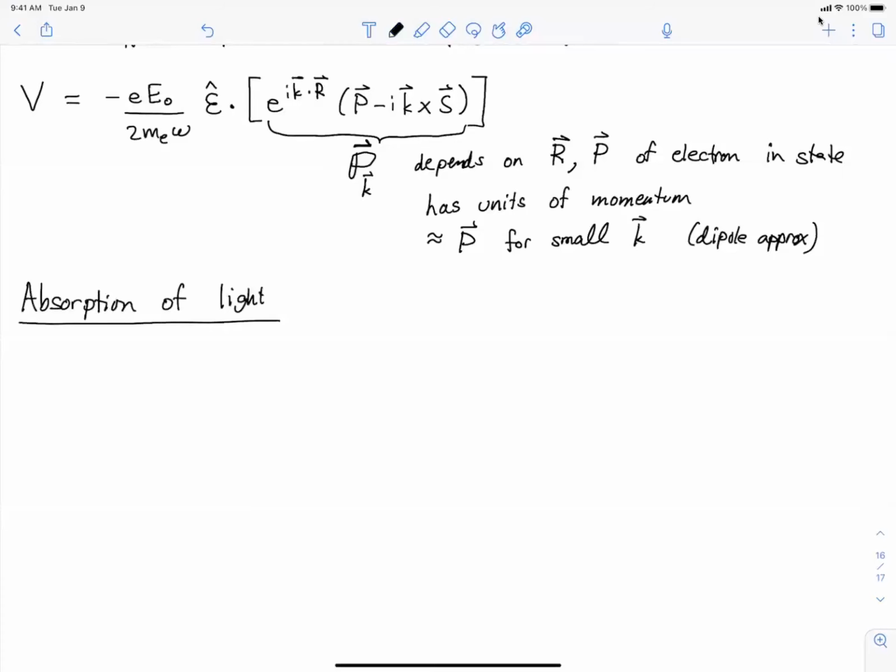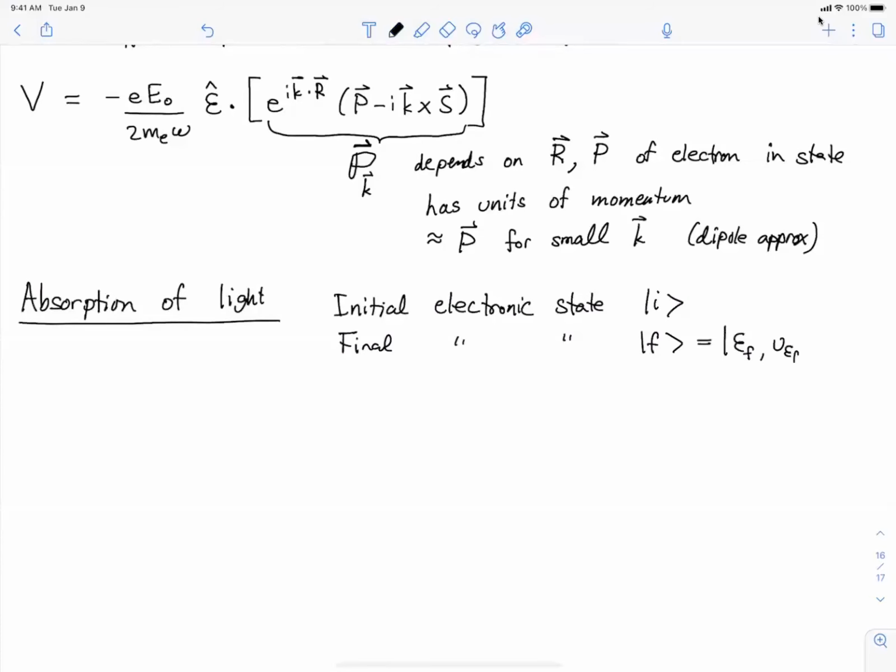And so we're going to start with an initial electronic state, which we'll call I, and a final electronic state, which we will call F, and F is characterized by its energy and its degeneracy of the energy in the unperturbed Hamiltonian.